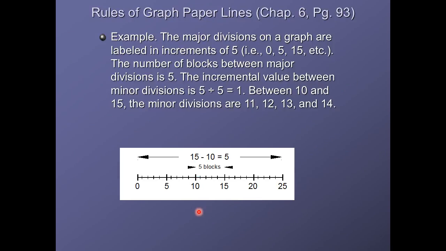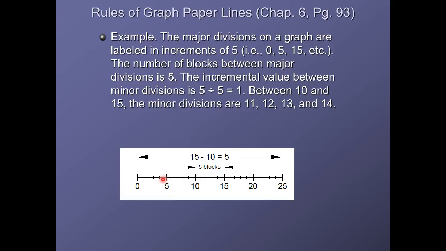For example, let's say the major divisions on a graph are labeled 0, 5, 10, 15. These are all the major ones, right? And if you look at the ticks, those are a little bit bolder and longer than the minor ones. The number of blocks between the major divisions is 5, because if you look here, this is 1 block, 2nd block, 3rd block, 4th block, and 5th block, right?